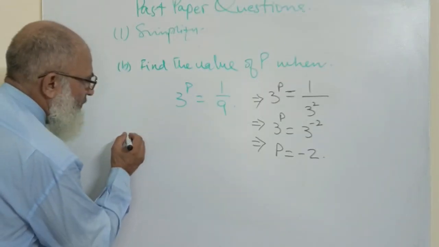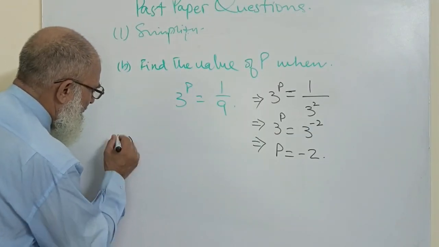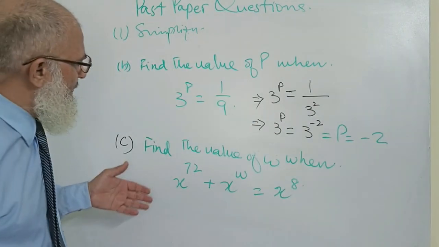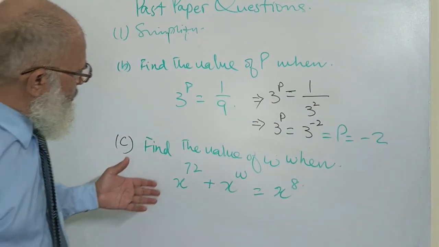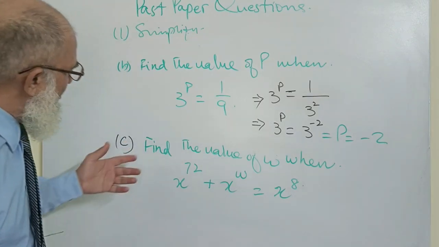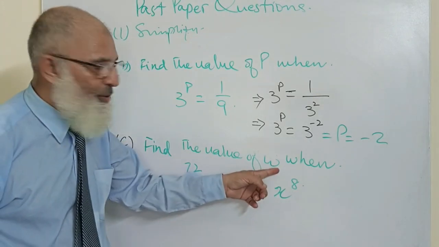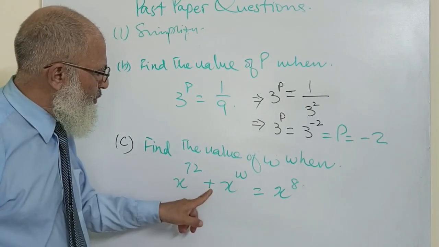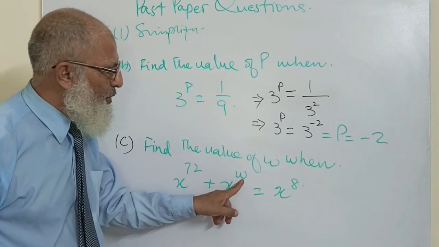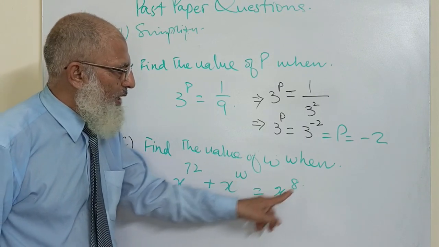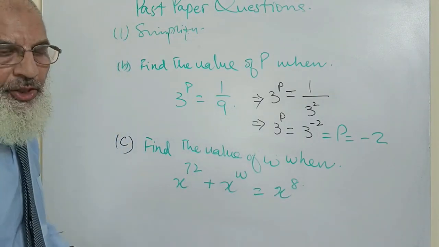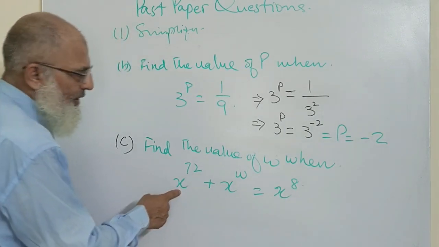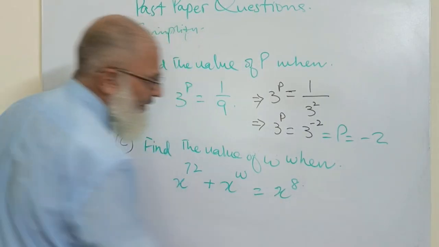The last question of today is coming up, and that is C, the last part of today's lecture. So what it says right here is: find the value of w when x raised to index 72 plus x raised to power w is equal to x raised to power 8. Need not worry, because here we are with x, here we are with x, here we are with x.